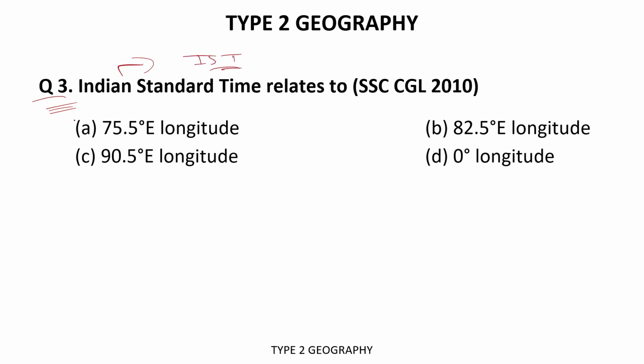Indian Standard Time relates to which of the following? Which denotes the Indian Standard Time? Again, you are going to have only 30 seconds for this question. Your time starts now.